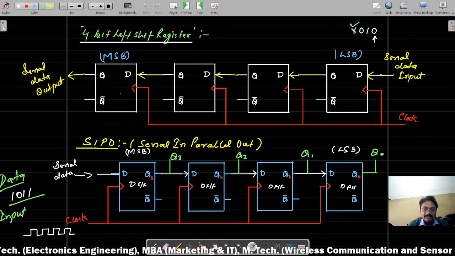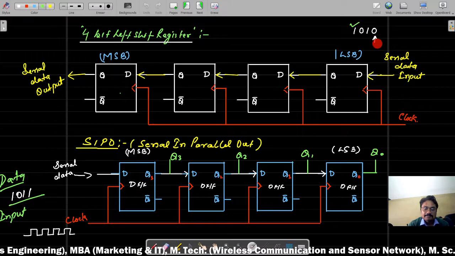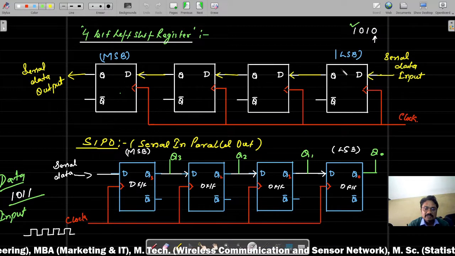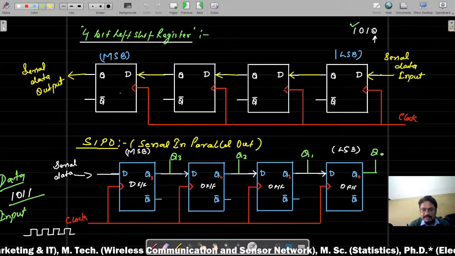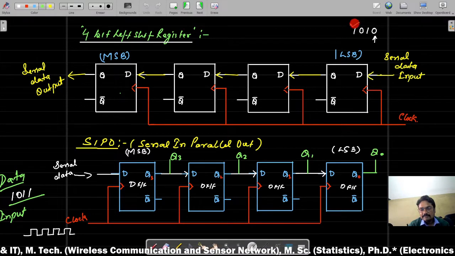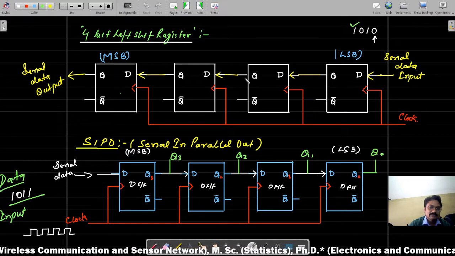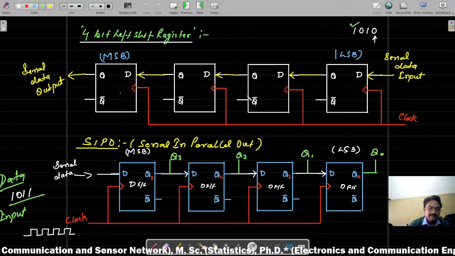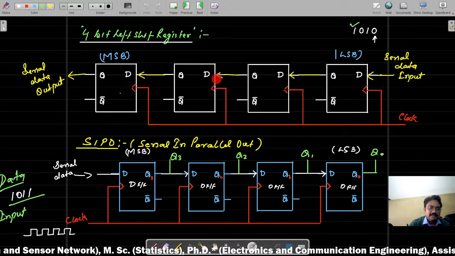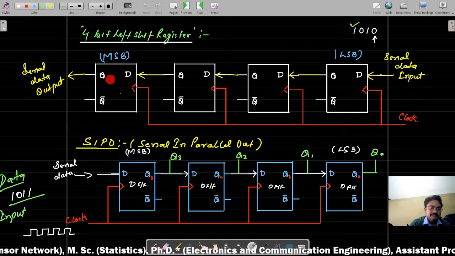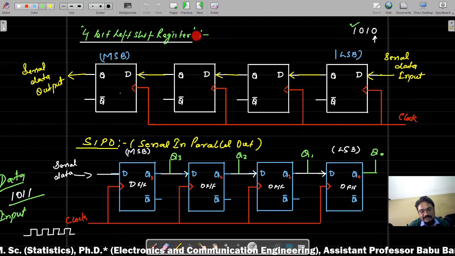The fundamental difference is that in the right shift register, the LSB part goes into the register first, but in the 4-bit left shift register, the MSB part is input first, and then as the number of clocks increases, the data will shift in the left direction. So we call it a 4-bit left shift register.